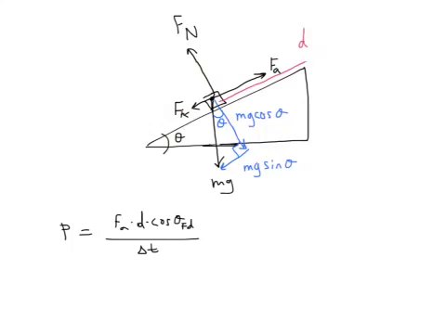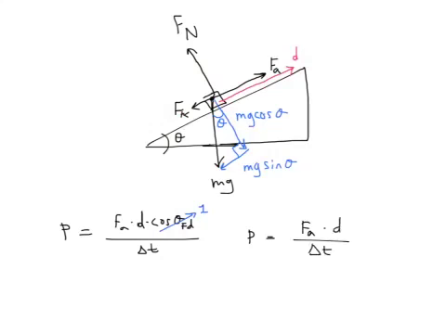I should probably bring that arrow back so it's not running off of the ramp. Going up some amount d. Okay. And so the angle theta between the applied force, which is up the ramp, and the distance, which is up the ramp, that angle is 0 degrees. And because the angle is 0, the cosine of 0 is 1. And what do we get? Power is F applied times d over delta t.